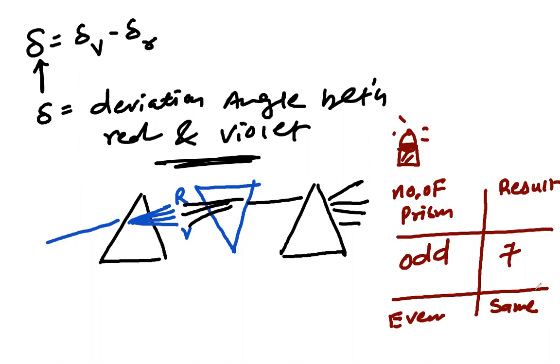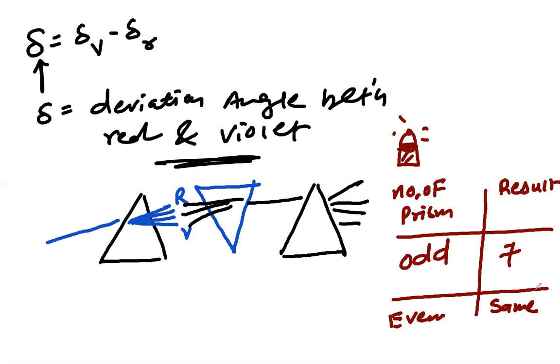So the number of prisms will decide what amount of deviation or what amount of color you will get. Odd numbers of prisms: if I have placed 3 prisms in front of you, then I will get 7 colors at the end of the last prism. And if I have placed an even number of prisms, then I will get that same light back.